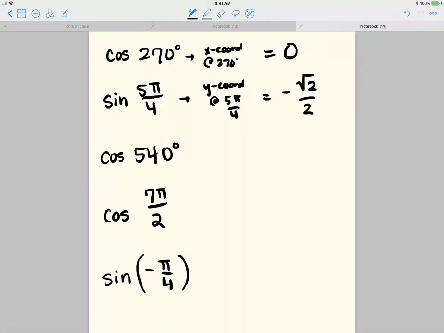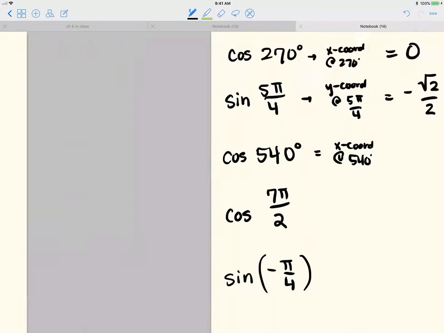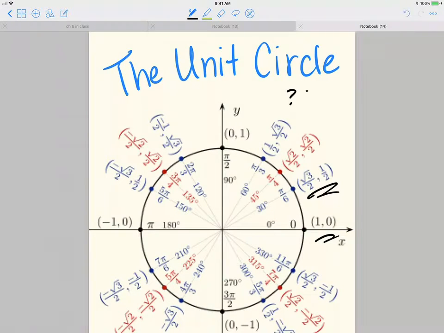Cosine of 540 will be the x-coordinate wherever 540 degrees lives. Now 540 is more than your 360 degrees around the unit circle. So again, it's your responsibility to understand where 540 degrees corresponds as far as angles go on the unit circle. So if you take the fact that it went 360 degrees for one revolution, 540 would be 180 degrees more.